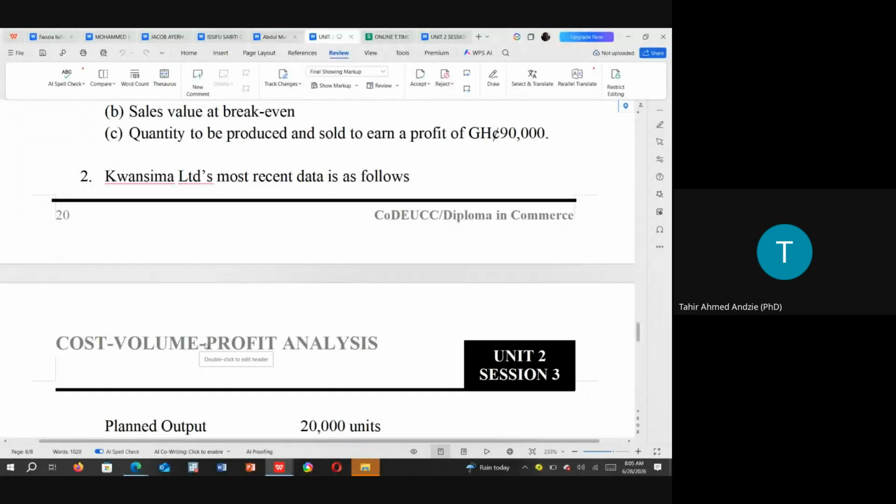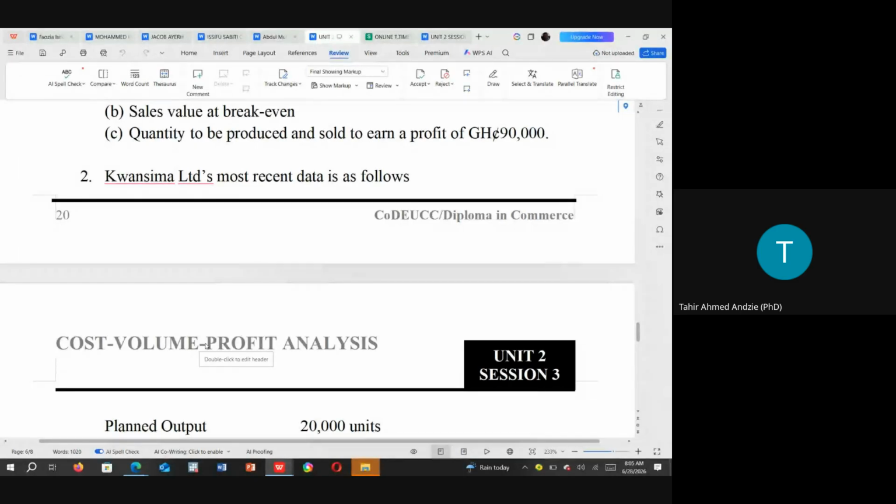Have you seen? So if we are saying that we want to make a given target profit, the analysis can help us to determine the quantity that, if we sell, we'll be able to make that target profit. So all that we do is get the total contribution and divide it by the contribution per unit. If you intend to make profit, your contribution should cover the cost and the profit.